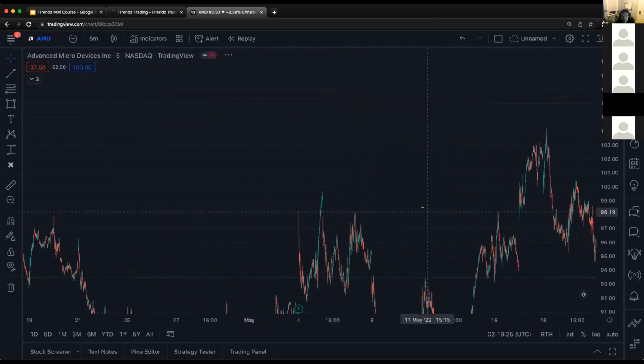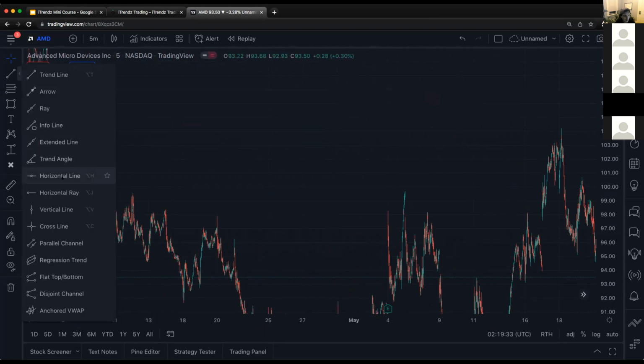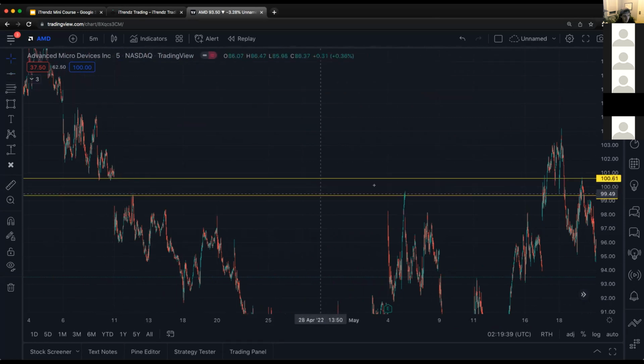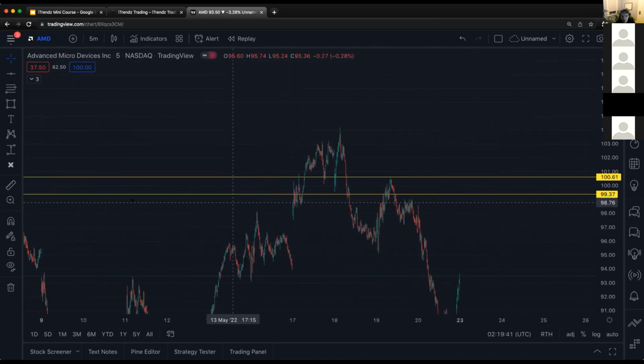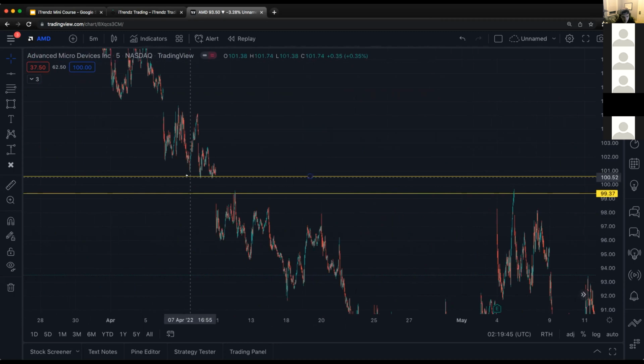Here, we're going to pay attention to this level over here. I just want to mark up some levels so that I don't have to keep extending out. Mark this gap. We're going to mark the zone.